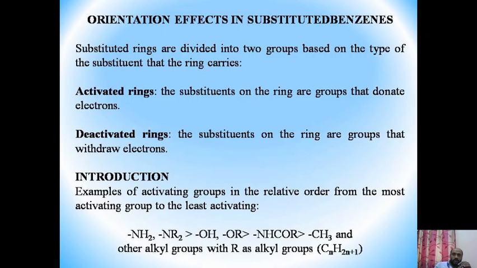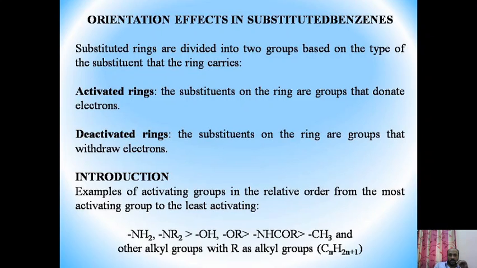That means the group which can donate electrons towards the ring is known as an activating group, and it will activate the ring system. Whereas a group which can withdraw or pull electrons from the benzene ring towards itself is known as a deactivating group, and it makes the ring deactivated.